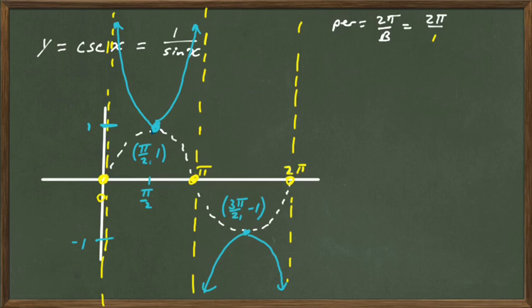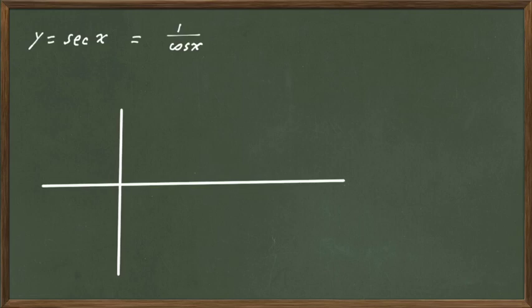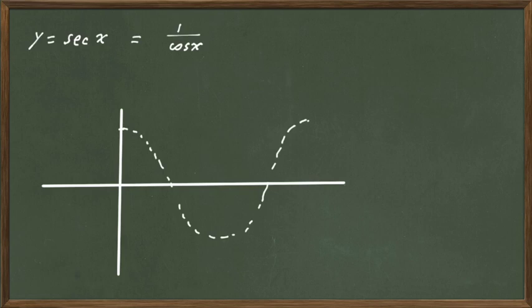Okay, after cosecant, we might look at secant. Secant is 1 over cosine. So this time I may graph a cosine curve. A cosine starts at the maximum and completes its cycle. And again, 2 pi over b.